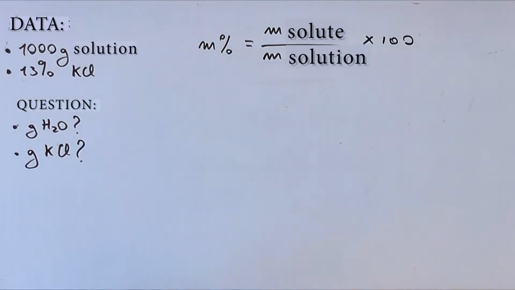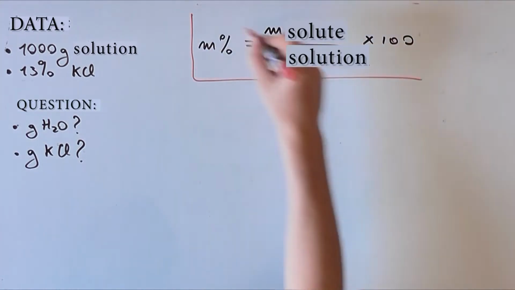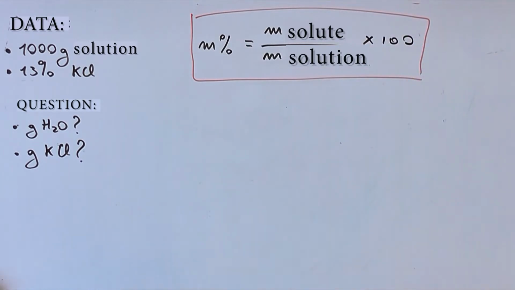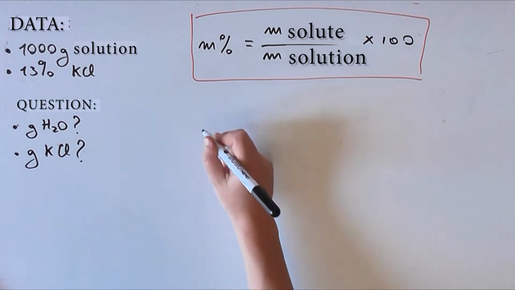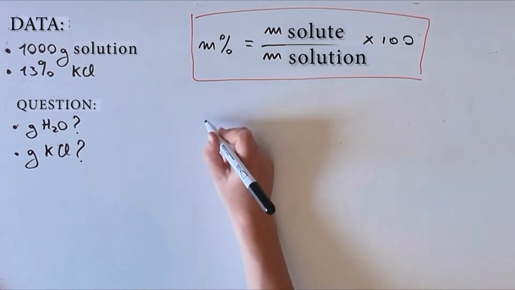Let's frame it again with the red marker so we can recall it. Now we have our definition. Let's try to figure out how to prepare this solution in the lab. I could use different kinds of glassware, but probably the more appropriate one is the Erlenmeyer flask.